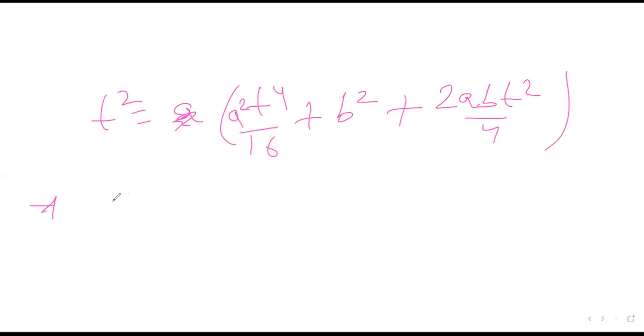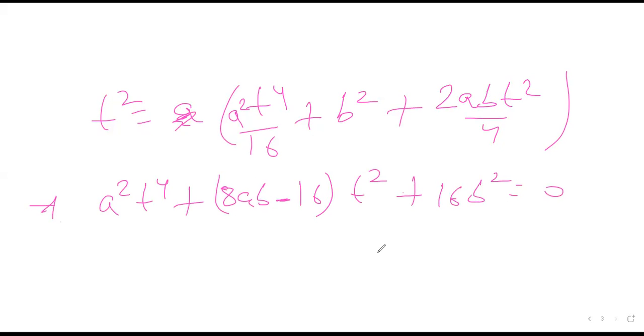Multiply the whole equation by 16 and get a square t to the power 4 plus 8ab minus 16 t square plus 16b square equals 0.